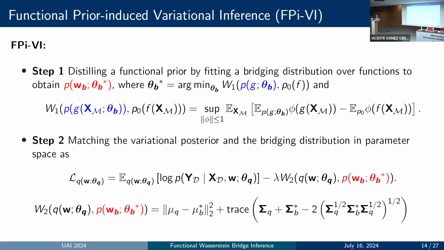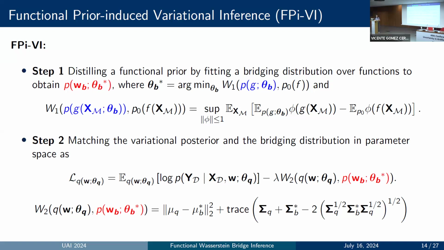We can see that this computation procedure is based entirely on sampling, so it can still be performed smoothly even without the closed form of P of G. And at the same time, we can obtain the optimal bridging distribution over parameters, denoted by this P of W_B, theta_B star.